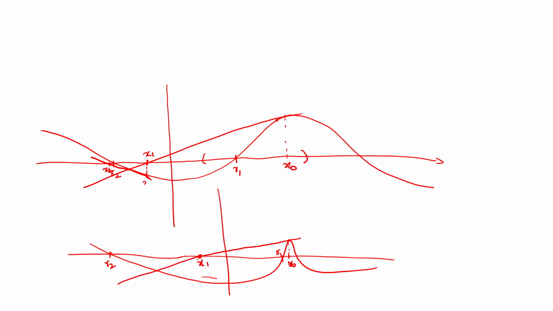This is my x1, and now I will take my second iteration like this. So this is my x2, and then x3, and so on. It will start converging towards this root.